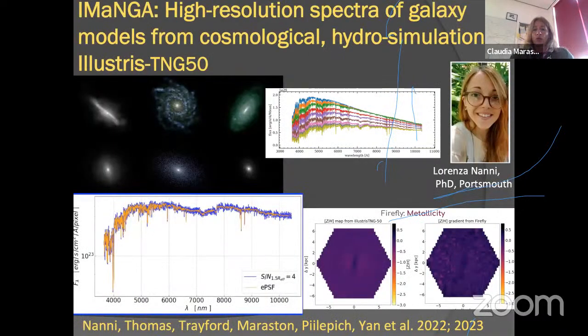But just to stay on time and to also acknowledge the work of our student Lorenza, I would like to show the latest effort, which is to make high-resolution spectra of galaxies from cosmological hydrosimulation. We have used the Illustris TNG, and that's why we call this effort iMaNGA. These are galaxies in the Illustris, not in the real universe, but in the simulation.